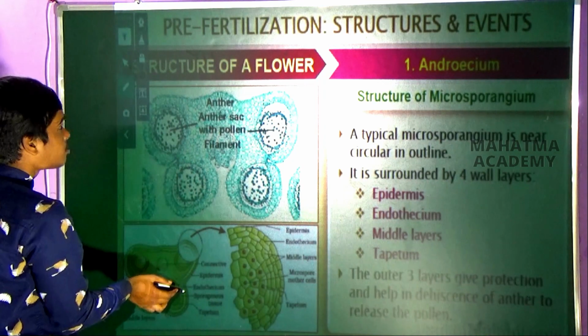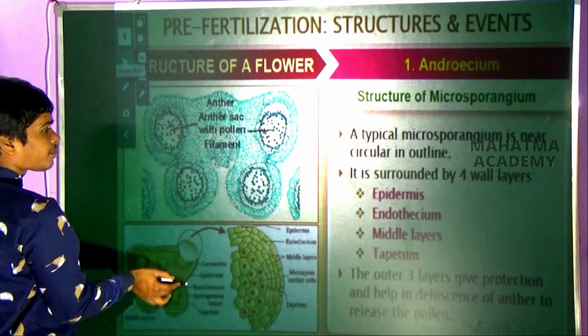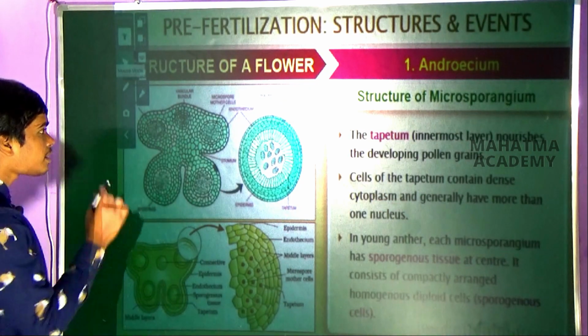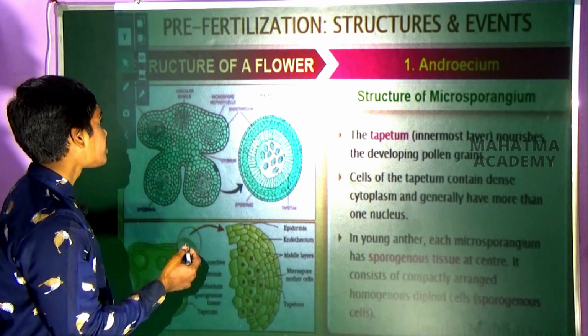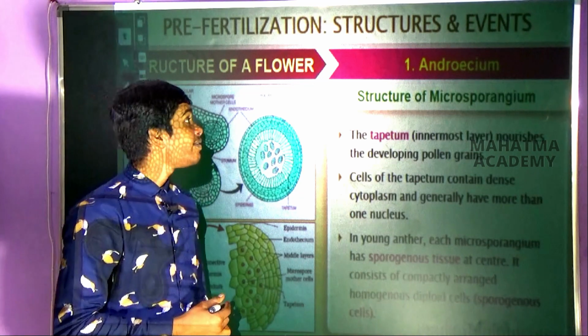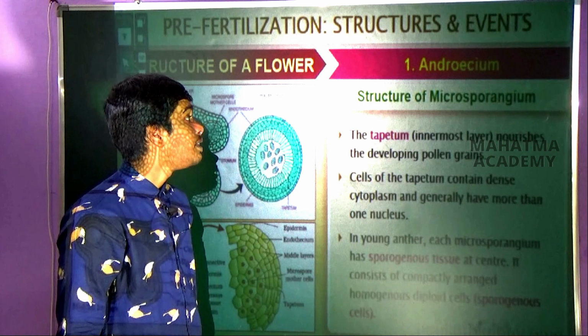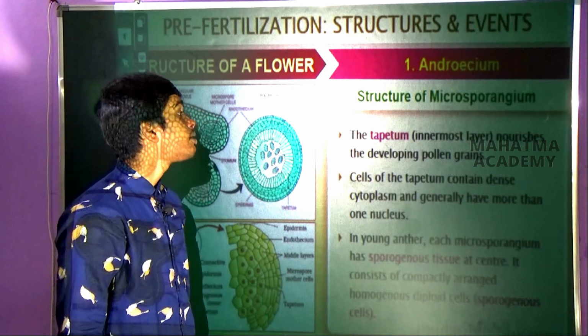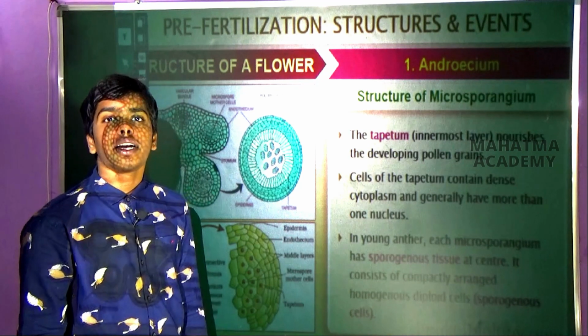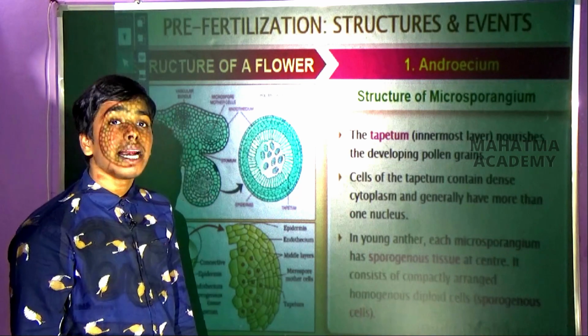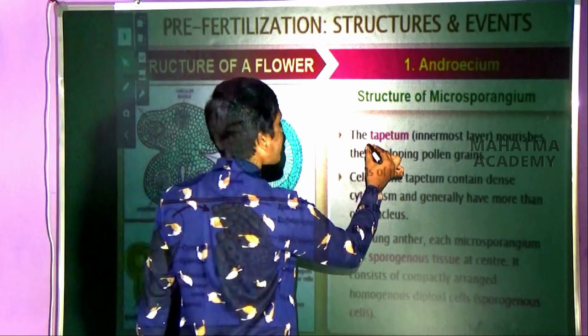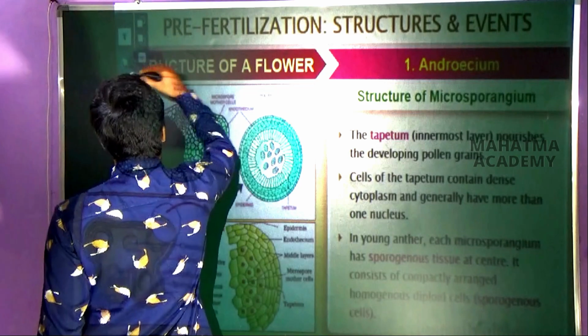Okay, let's move to the next page. Okay, the same diagram, but of different shape. Now, the tapetum, the innermost layer, nourishes the developing pollen grain. So, what is the nourishing layer? Tapetum.